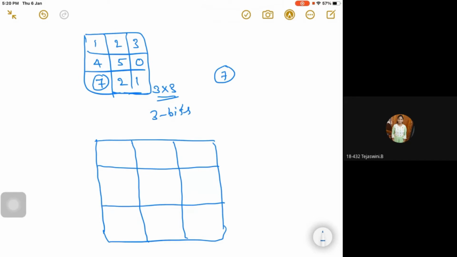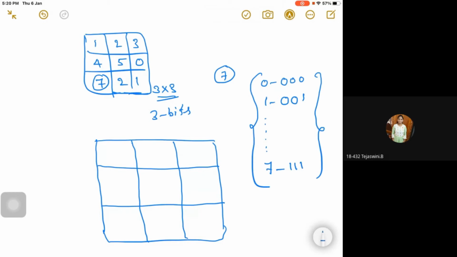For 1, what is the 3-bit representation? 0, 0, 1, and so on up to 7. The maximum value 7, what is the 3-bit representation? 1, 1, 1, and the minimum 0 is 0, 0, 0. These are the 3-bit representations of all the intensity levels from 0 to 7.